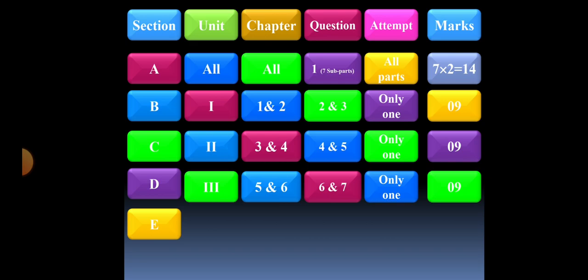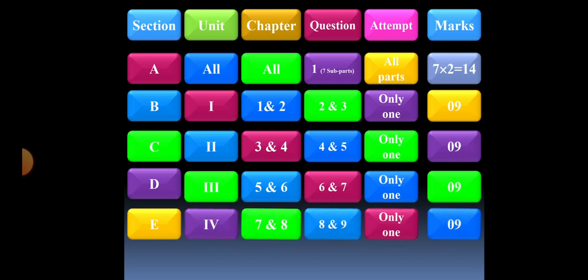Then there is a last section, which is E. This is asked from unit number 4, which is constituted of chapter number 7, 8, and question number is 8 and 9. Only we have to attempt 1 question. It is also of equal marks, that is 9 marks.